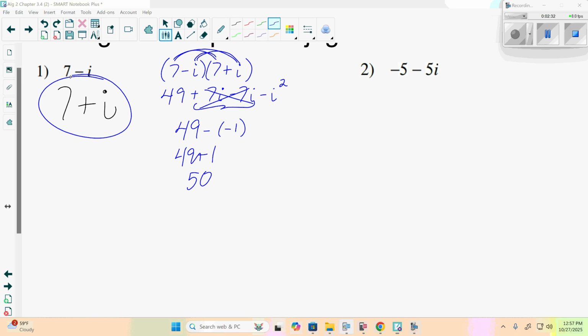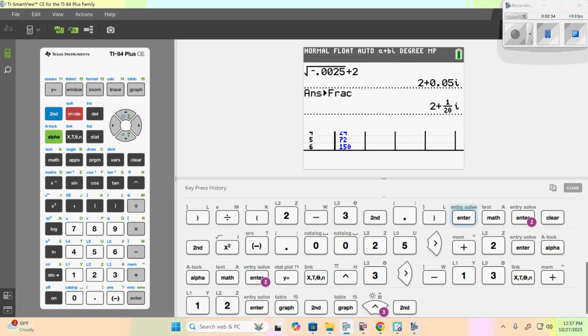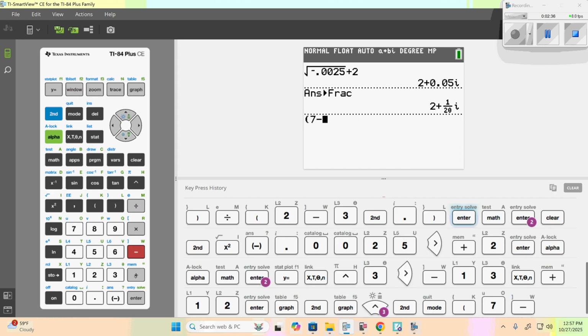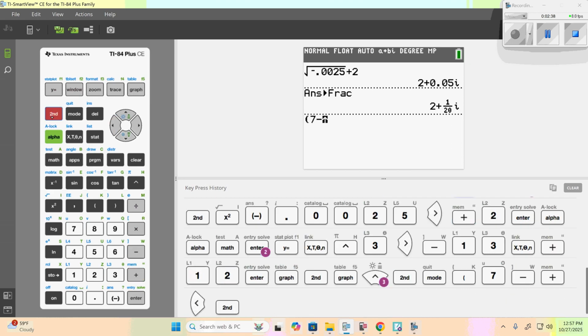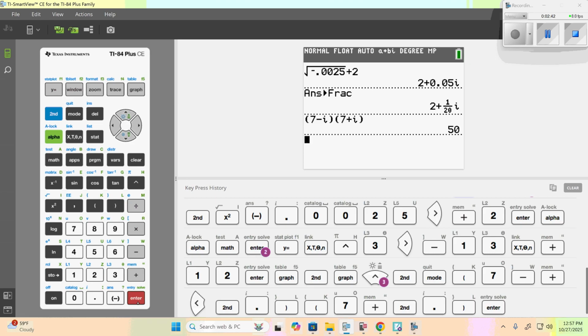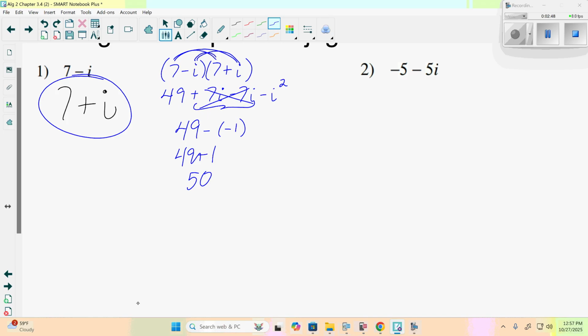Now, we could have done that in a graphing calculator. We could have said 7 minus I times 7 plus I is 50. So, let's look at the next one. What would the complex conjugate of negative 5 minus 5I be?